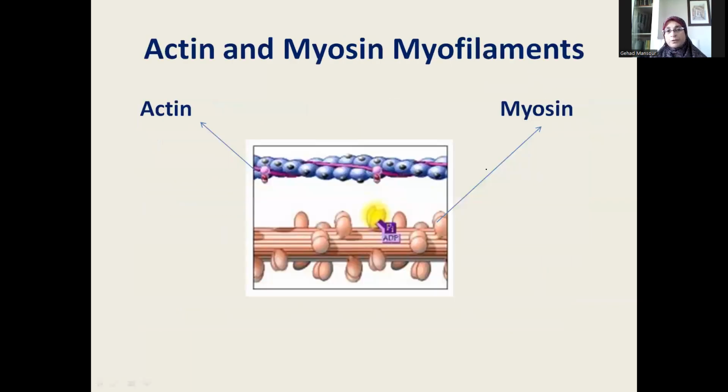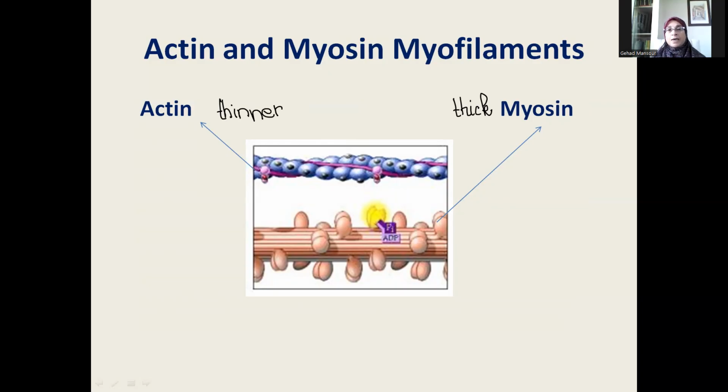Inside every muscle cell, we have contractile filaments like actin and myosin. As you see here, actin is the thin filament or the thinner one, and myosin is the thick filament. So actin is thinner than myosin.